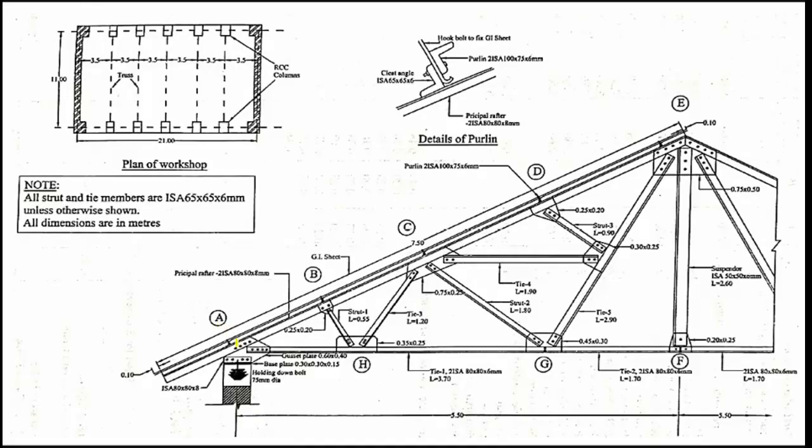Here they have given the joint numbers A, B, C, D, E, F, G, H. Previously it was not given. So whenever you are solving in the exam also, if you mark this and solve, it will be easier for you to check which joints we have considered or not.